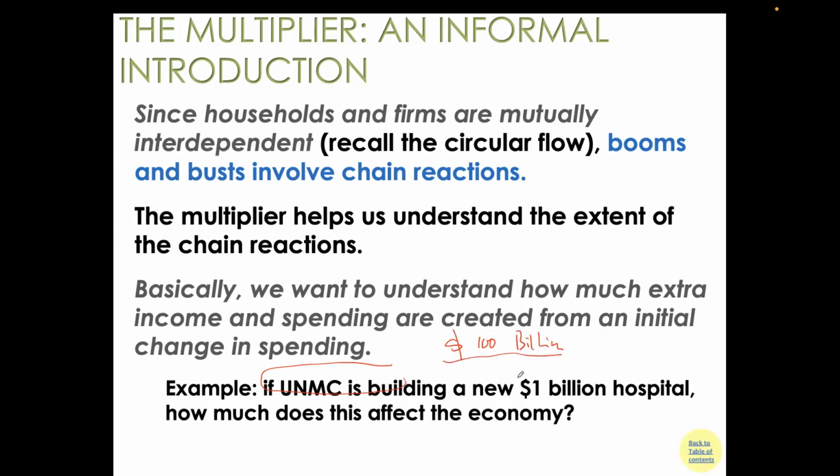Now, this question asks: if in 2023 UNMC spends 1 billion to build a new hospital, what is the total spending in Omaha? Is it 101, greater than 101, or less than 101? That's the question.